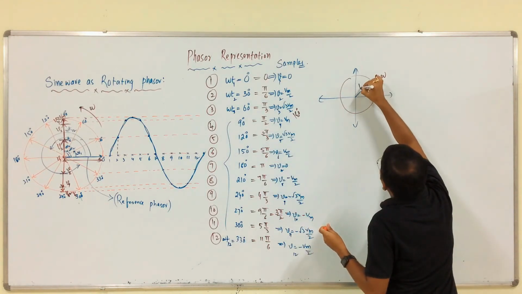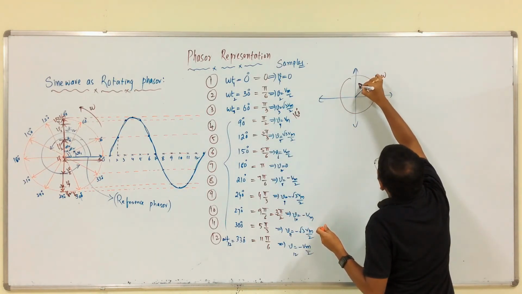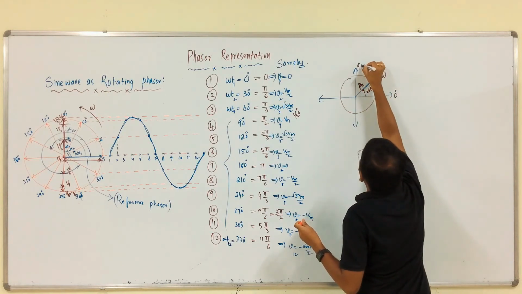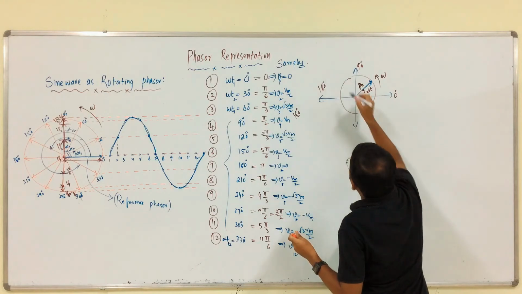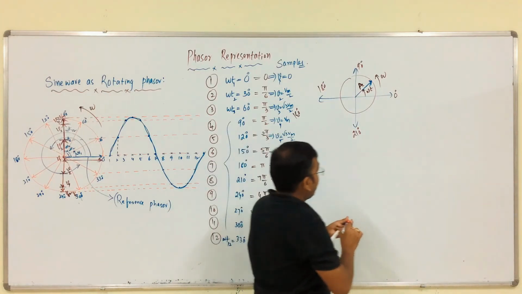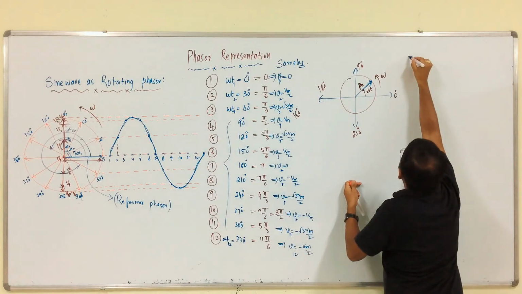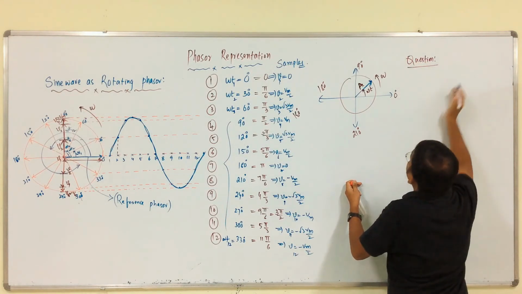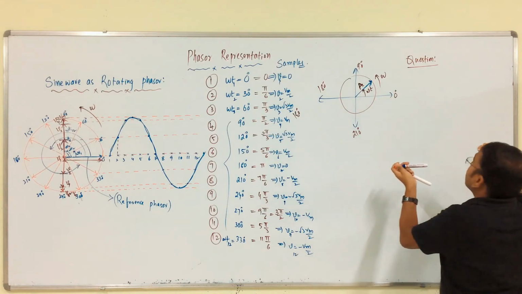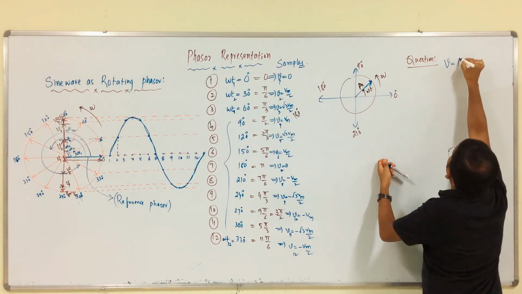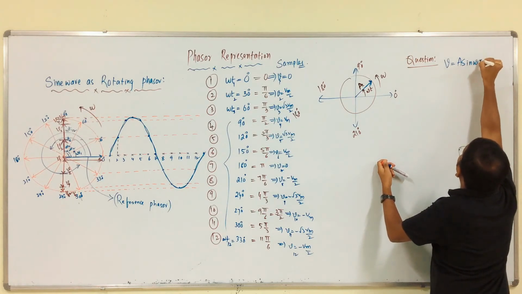Let us say this is A, this is 0, 90, 180, 210. Our question is what? Before that, we have to repeat. The question is, V is equal to A sin omega t, right?